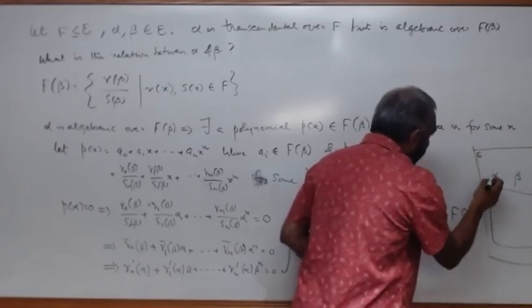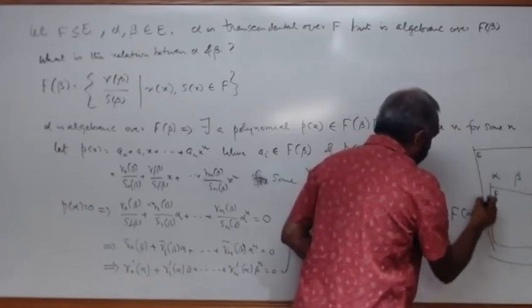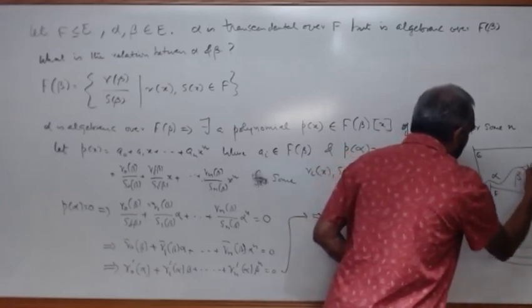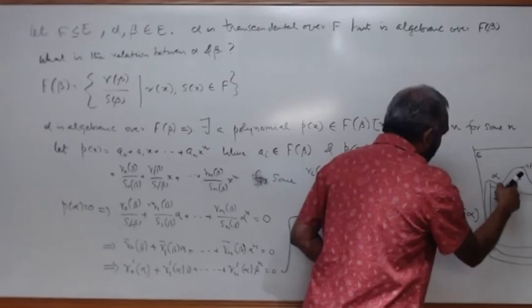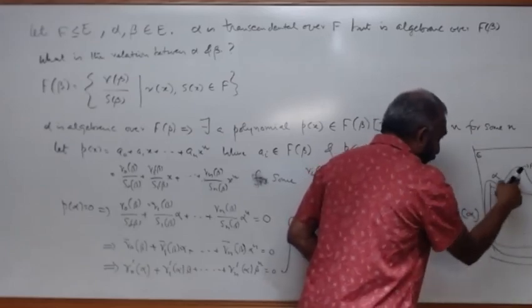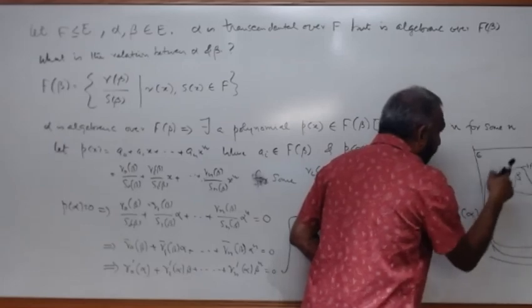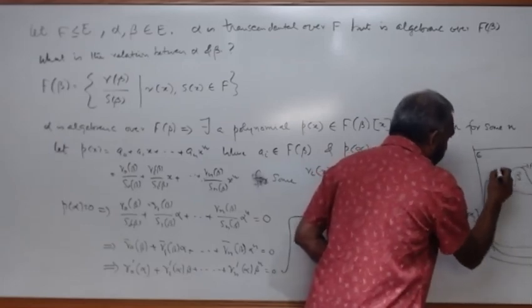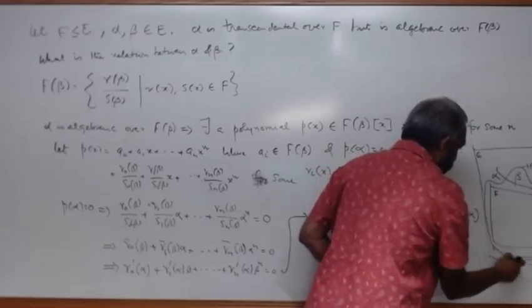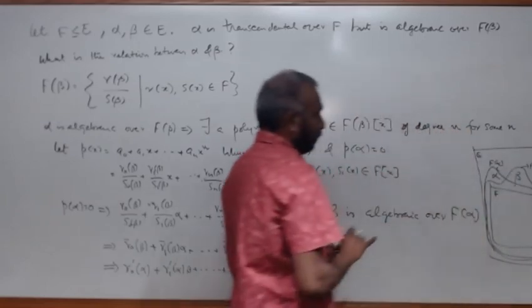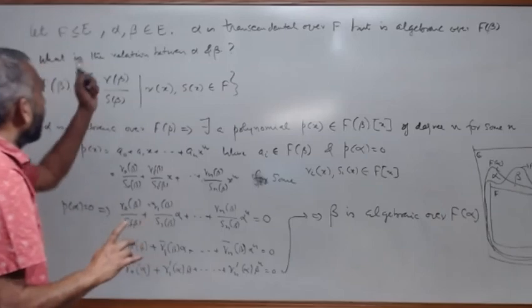We know that alpha is algebraic over F of beta. This is F of beta, containing beta and F. If alpha is algebraic over F of beta, then beta is algebraic over F of alpha. That is the relation between alpha and beta.